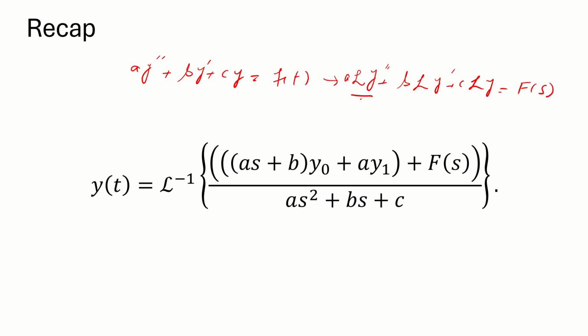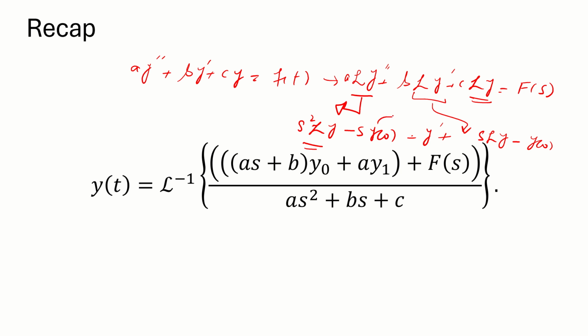And then using the expression for Laplace of y double dash, which was s square Laplace of y minus s y of 0 minus y dash 0, and then we applied the expression for Laplace of y dash, which is s Laplace of y minus y of 0, and we just replace this one there. We said y of 0 is y naught, whereas y dash of 0 is given as y1.